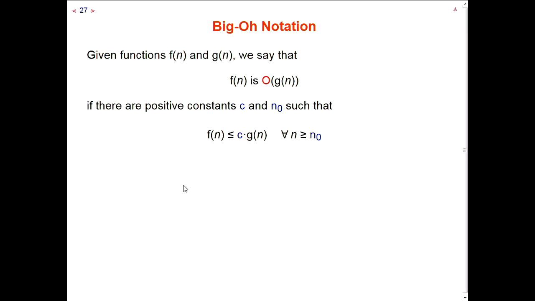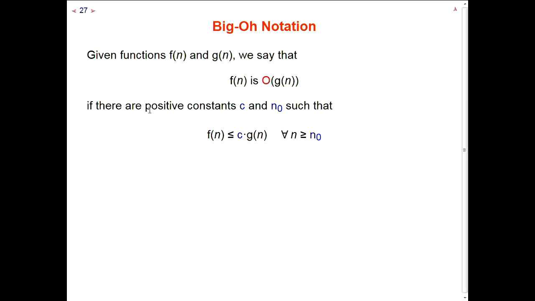The big O notation says that given that we have 2 functions that depend on n, f and g, we say that f(n) is O(g(n)), which means the growth rate of f(n) is bound by g(n).